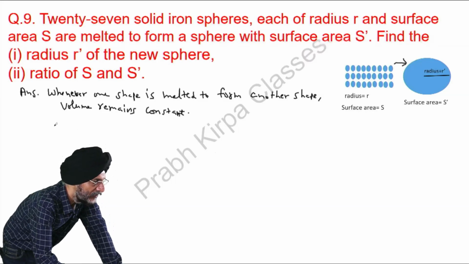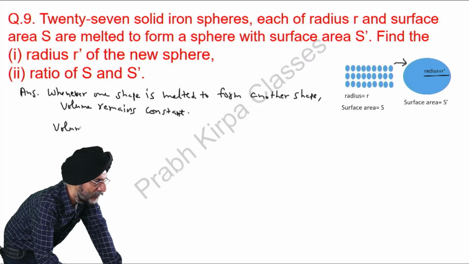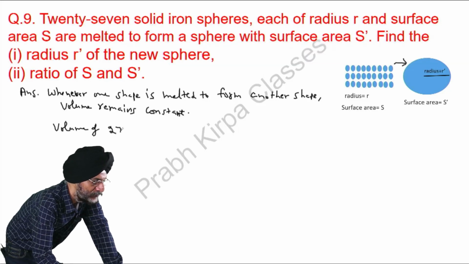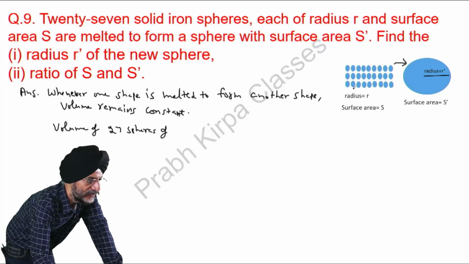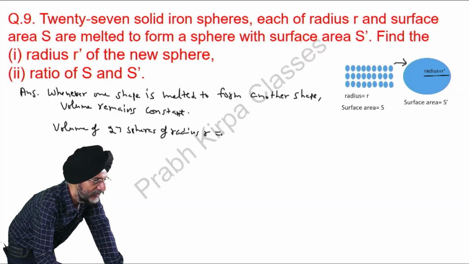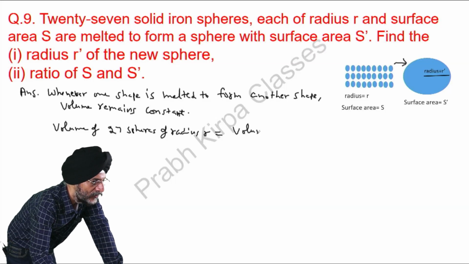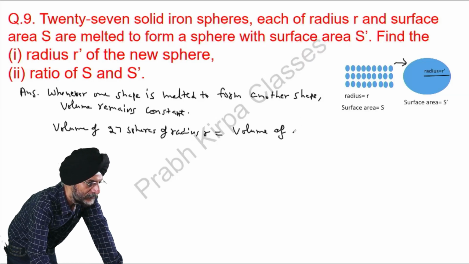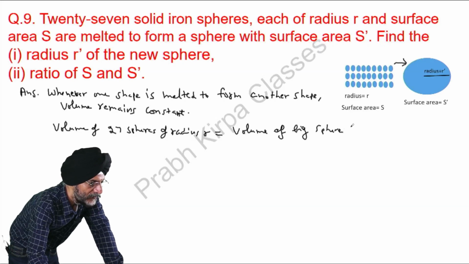So here the volume of 27 spheres of radius r is equal to the volume of this big sphere which has been formed, the volume of the big sphere with radius r dash.